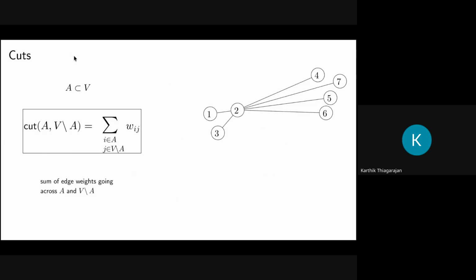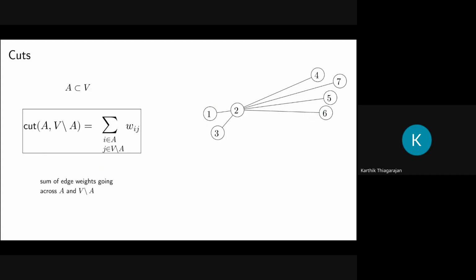The other class of problems is something like this, where you will be given the graph to begin with. You don't have to induce the graph. You will already be given the graph. So here there is no notion of data points, so to speak. You have already converted them to nodes of some graph. This may not be fully connected. For example, 1 to 4 is not there, 3 to 6 is not there, so the corresponding weights will be 0.